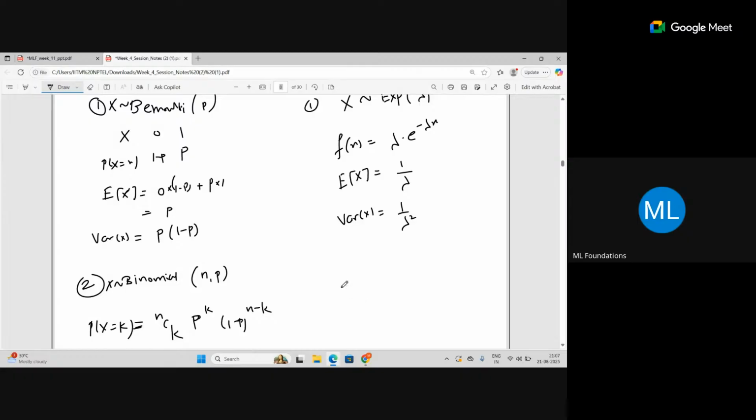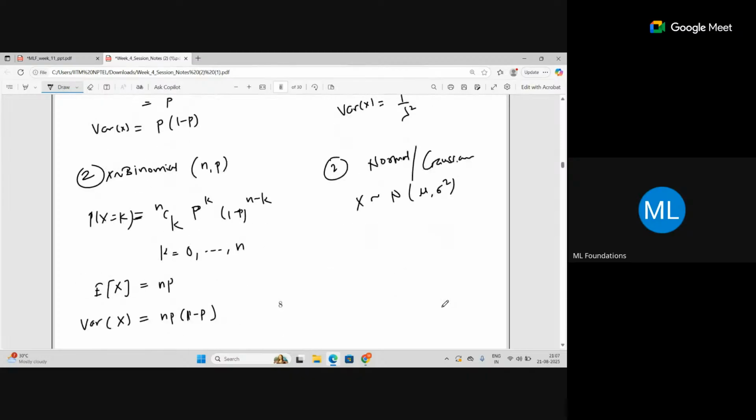Then another very important distribution, which I think we are going to learn over weeks 11 and 12, is the normal distribution or Gaussian distribution, or Gaussian random variable. If x is normally distributed with some mu and variance sigma square, what will be the PDF of x?